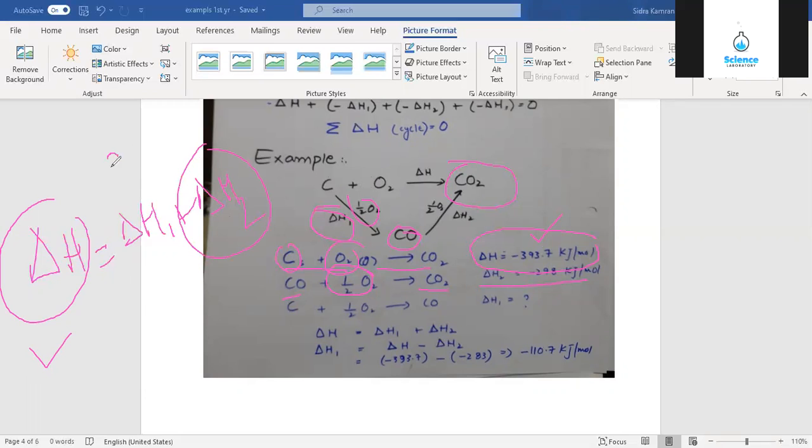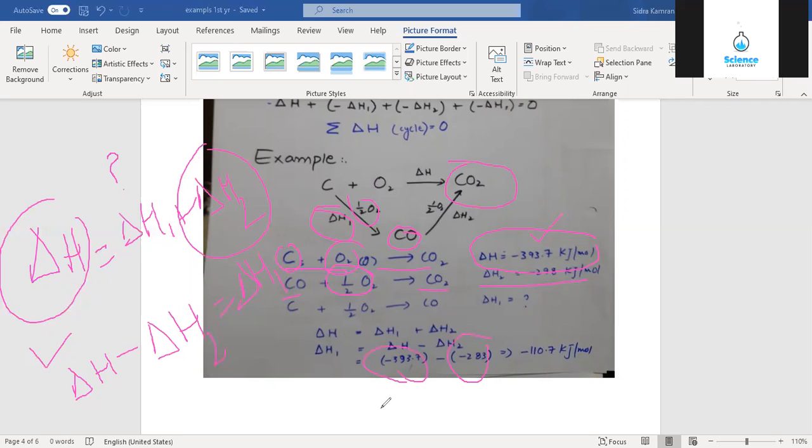You have to calculate delta H1. Delta H2 is plus on one side, so on the other side of the equation it will be minus: delta H minus delta H2 is equal to delta H1. Here you can see delta H1 is equal to delta H minus delta H2. So write the values of delta H minus delta H2.